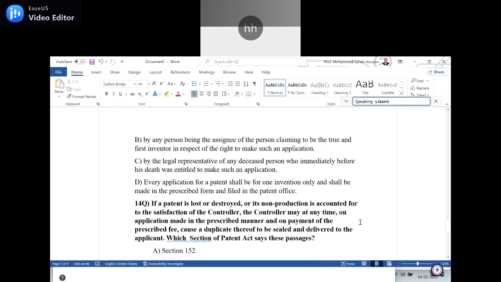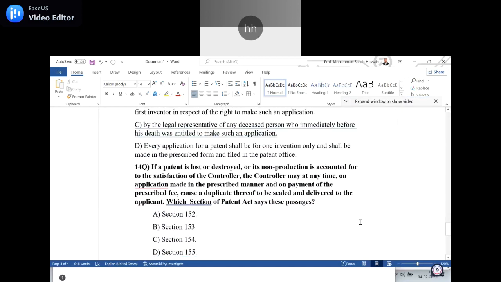The 14th question. If a patent is lost or destroyed or its non-production is accounted to the satisfaction of the controller, the controller may at any time, on application made in the prescribed manner and on payment of the prescribed fee, cause a duplicate thereof to be sealed and delivered to the applicant. Which section of the Patents Act says this?